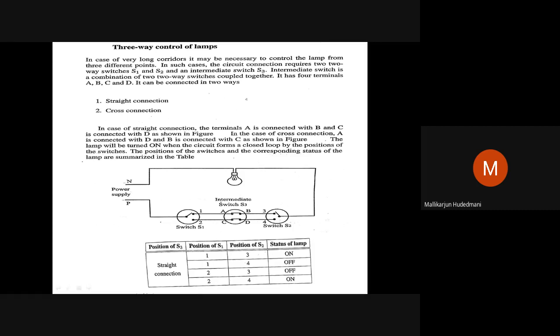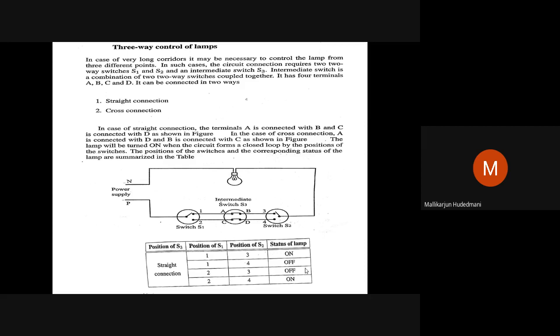Any of the 3, either you touch the building corner left, building corner right, or in the garden, if you operate the switches, the condition of the lamp can be controlled. Imagine you are in the garden, the lamp is on, you forgot to switch off, you went from the garden. At the end of the building, when you come, you turn back, yeah, the garden lamp is on, I should turn off.